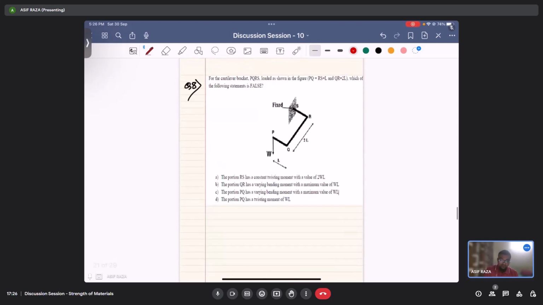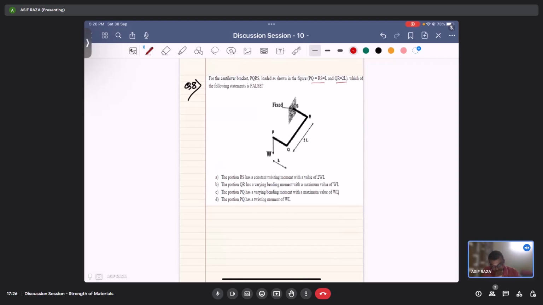Question number 8 for today's session is: for the cantilever bracket PQRS loaded as shown in the figure, PQ is equal to RS equal to L and QR is equal to 2L. Which of the following statements is false?